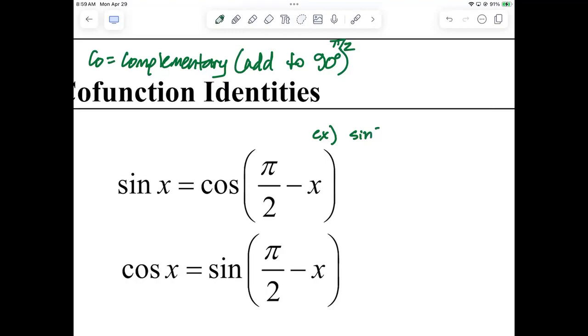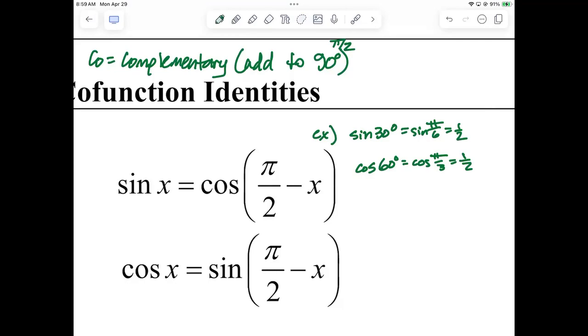According to this, sine of 30 degrees should equal cosine of 60 degrees. Sine of pi sixths is 1/2, and cosine of pi thirds is also 1/2. Do they both equal 1/2? They do. So complementary functions at complementary angles have the same trig values.